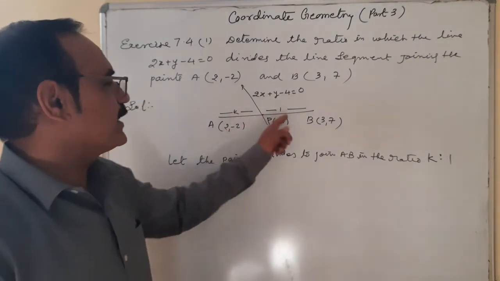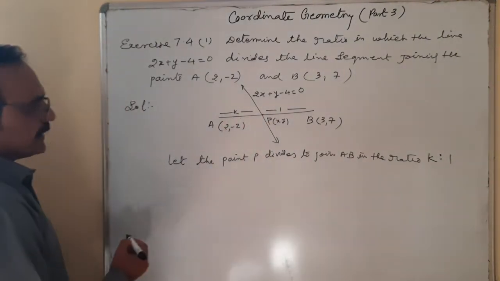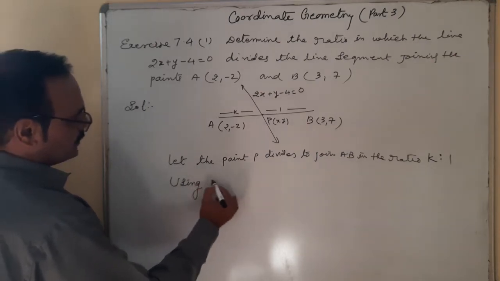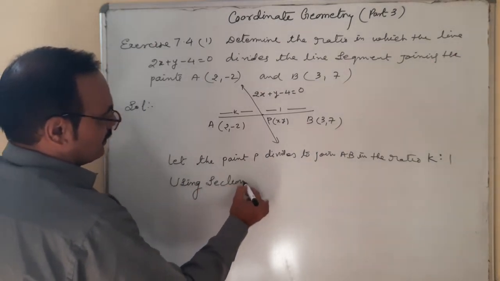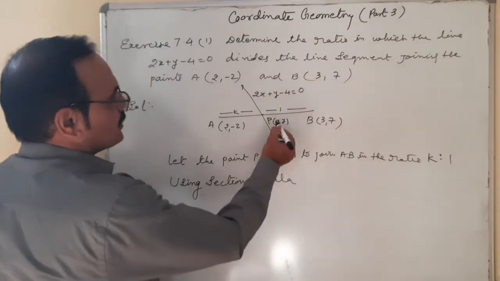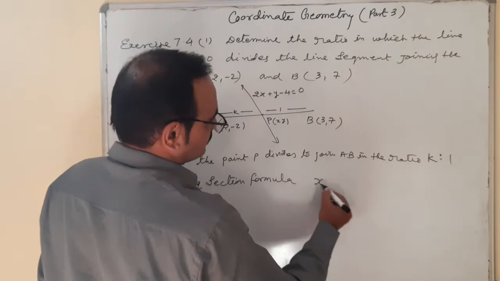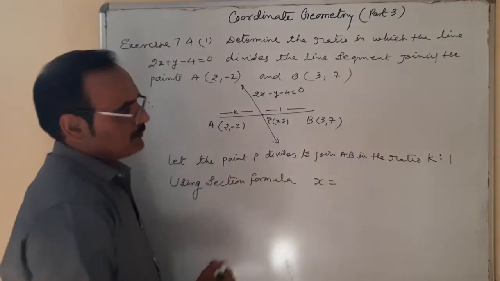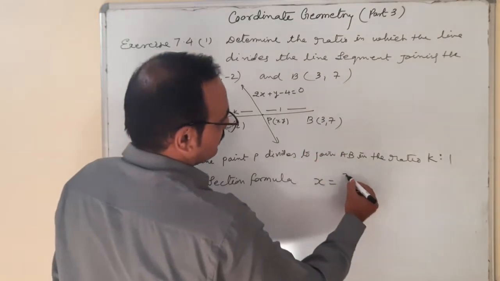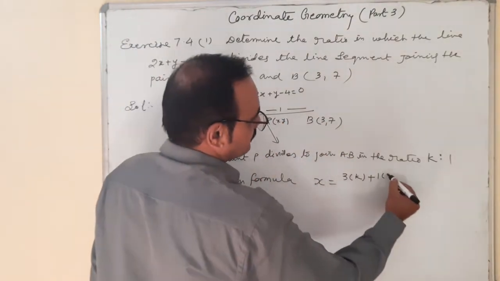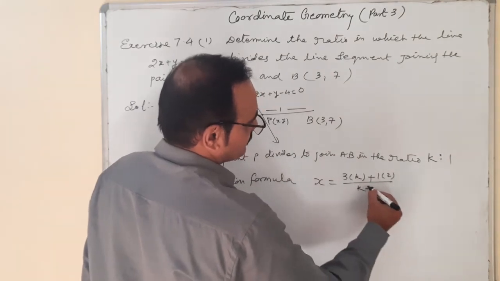It is divided in the ratio K:1 by the section formula. What is the section formula? x is equal to m1 x2 plus m2 x1 upon m1 plus m2. K multiplied by 3 plus 1 multiplied by 2 upon k plus 1.